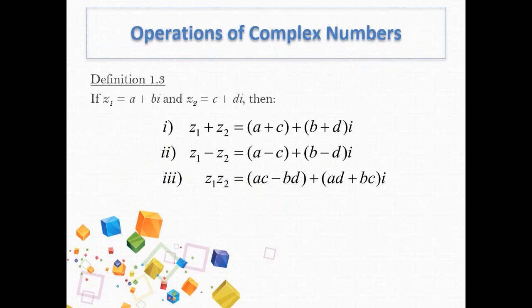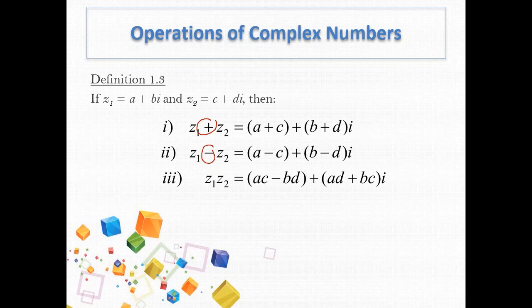Right, next, if you have two complex numbers and you want to perform addition, subtraction and multiplication, you can apply this property. For addition and subtraction, the real part of the two complex numbers must be added together and cannot be mixed with the imaginary part.